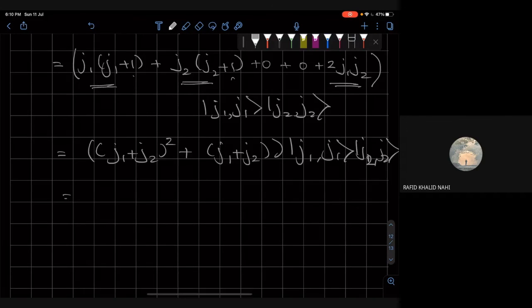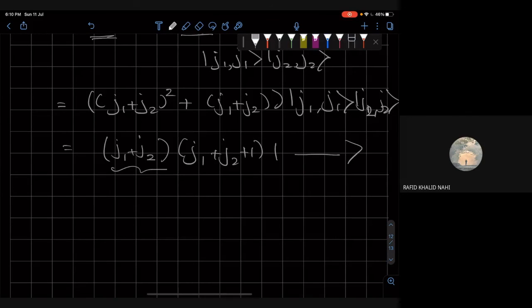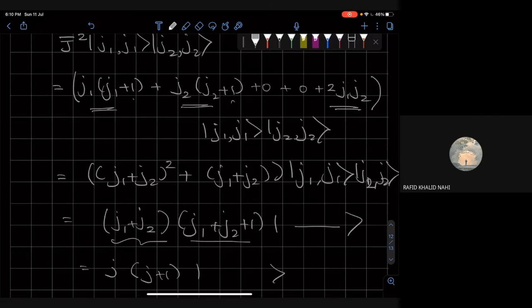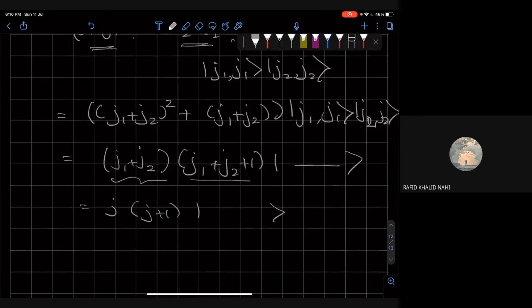So here we have J1 plus J2 times J1 plus J2 plus 1 times the state. But what is this? This is nothing but J times J plus 1 times the state. So it passes the first test.